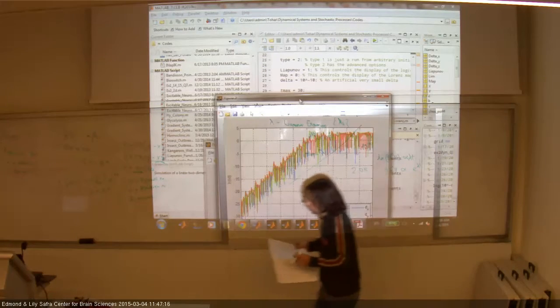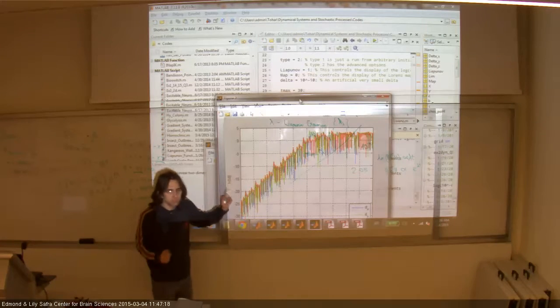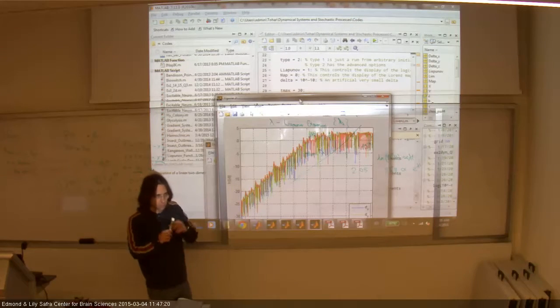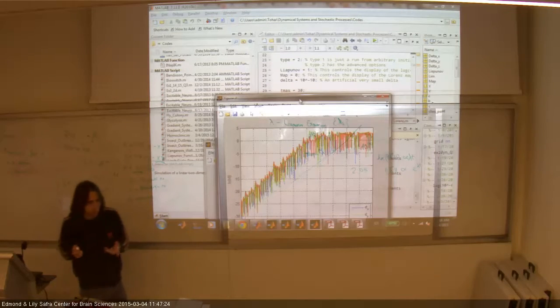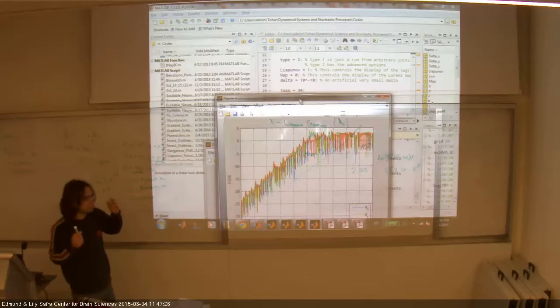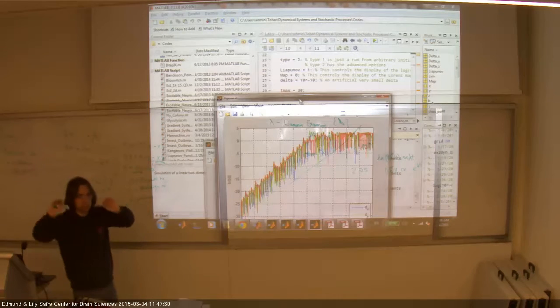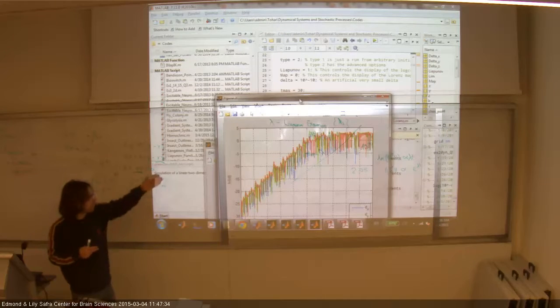Now, this was started from a certain initial condition, okay? And then we removed a little from it. If you would like to be very rigorous, you would maybe do this thing for different initial conditions in the system, say 10 or 100, and then average the Lyapunov exponent that you get.